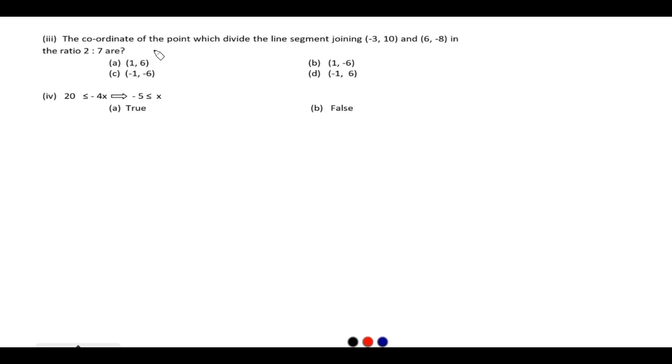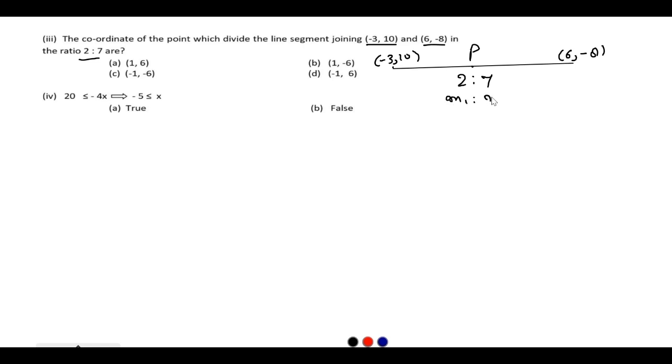Third part, the coordinates of a point which divides the line segment this and this in the ratio 2:7 are. Simply this is a question on the section formula. The first end point is (-3, 10) and the last is (6, -8) and we have to find a point P which divides this line segment in the ratio 2:7.